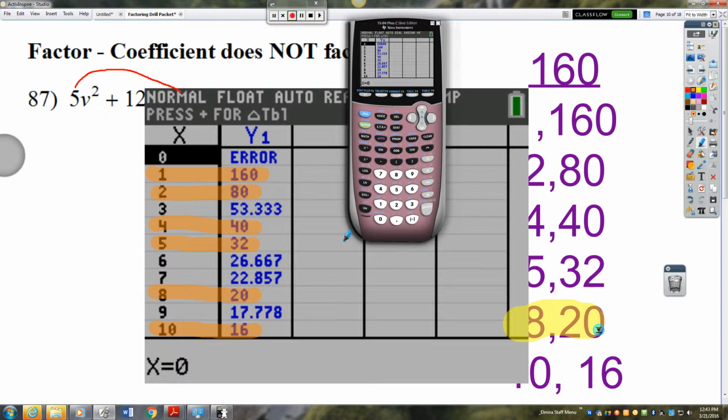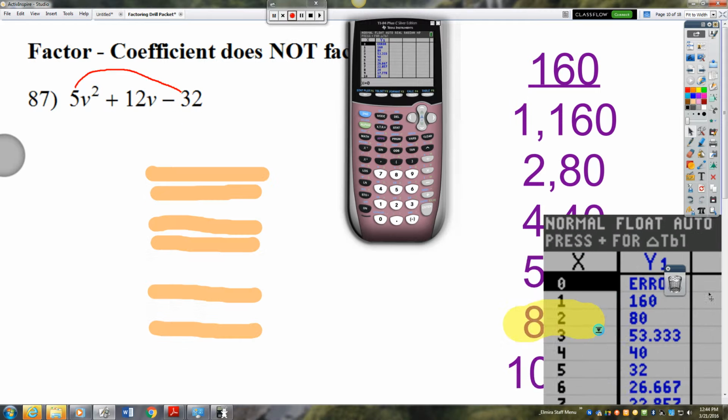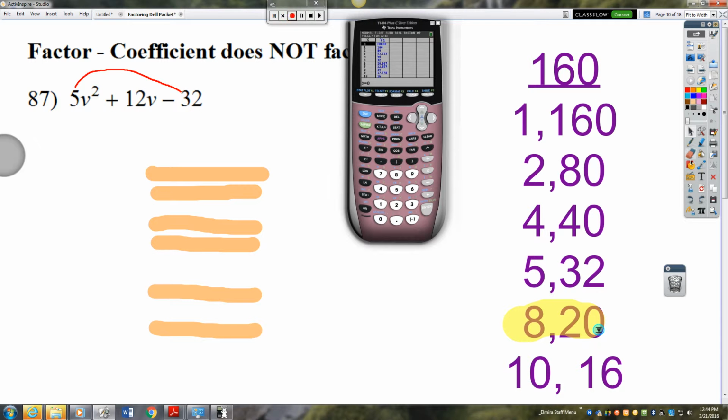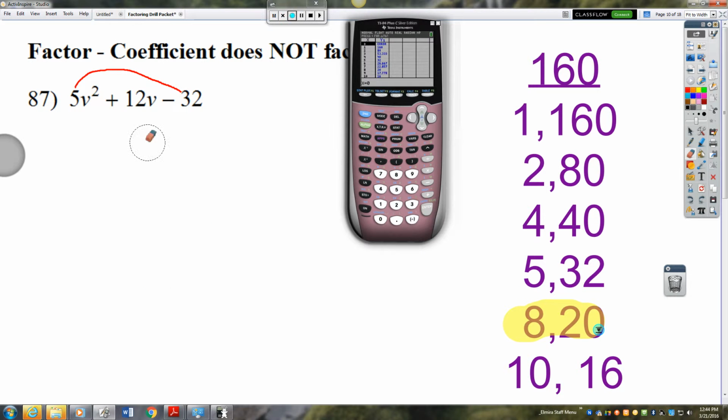Okay, and we want the factors, so that's where these factors came from. So we wanted the factors that multiply to 160 and subtract to 12. How do you know it's subtract? Because of that sign right there.